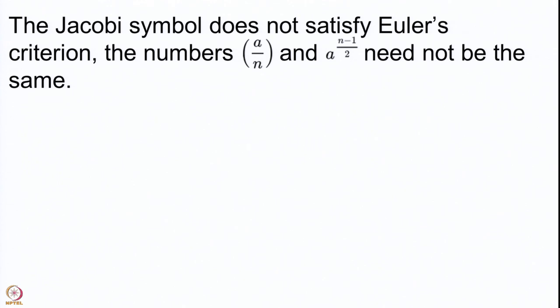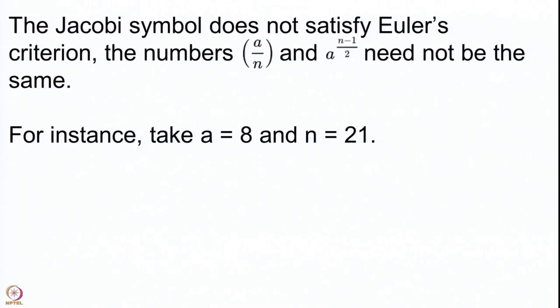So, of course, we see here that a by n has the value 0, 1 or -1, and a power something is going to be much bigger if a is positive, or it will be on the negative side if a is negative. So, we cannot hope these numbers to be the same, but these are not even the same modulo the number n.